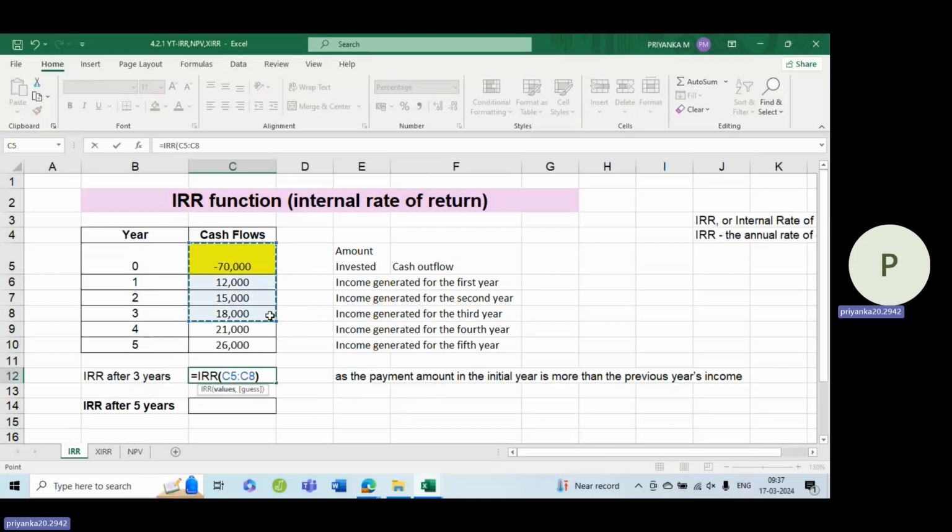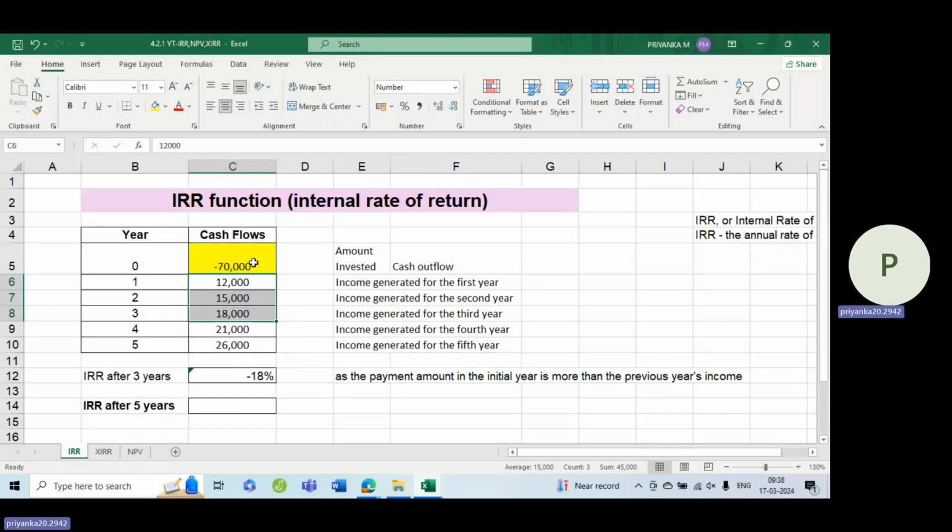Just give enter. You're getting a negative value here. Why a negative value? Because the payment in the initial year is more than the income. If you consolidate all the values, we are getting a sum of around 45,000, and this 45,000 is lesser than your investment, which is why we are getting a minus value.